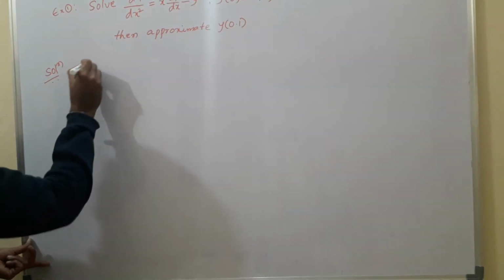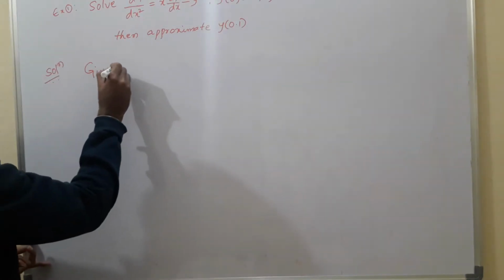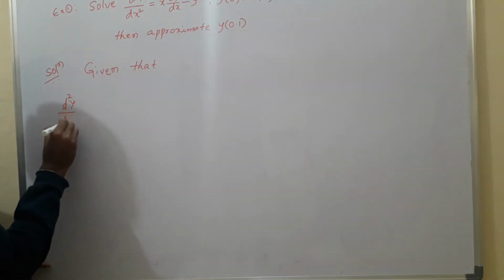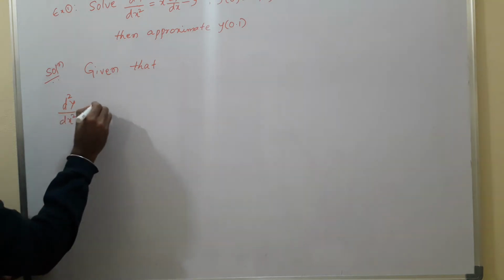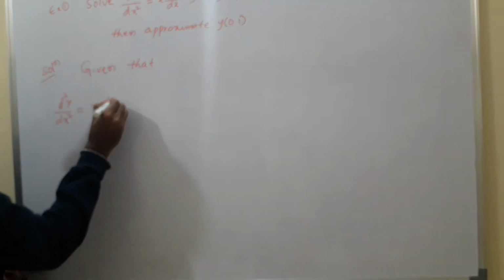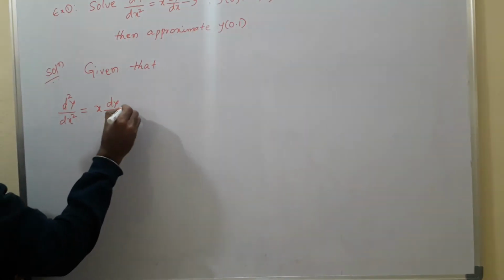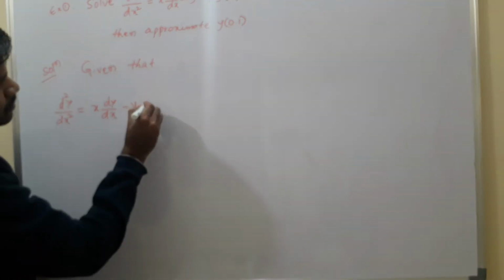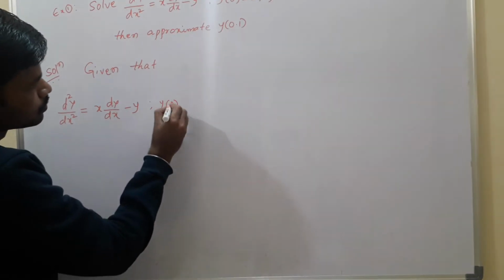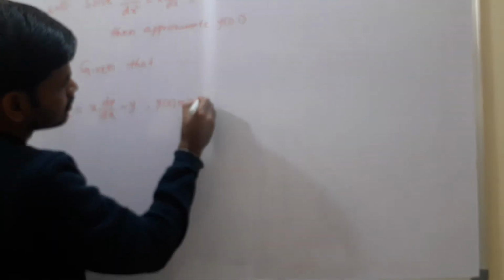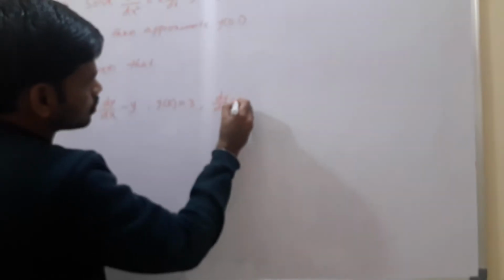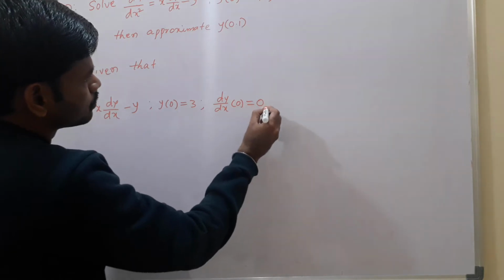Solution: given that d2y by dx square is equal to x into dy by dx minus y, y of 0 equal to 3, dy by dx of 0 equal to 0.